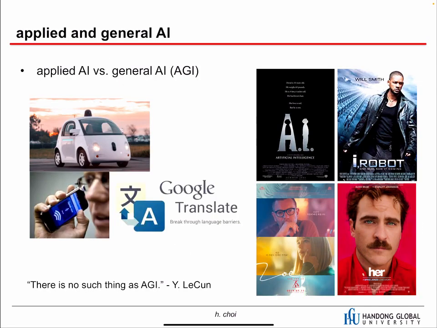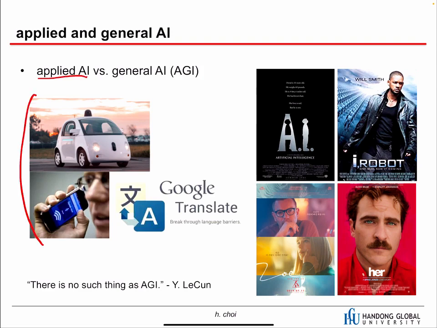In the previous slide, we talked about weak AI and strong AI. Now in this slide, we talk about applied AI and general AI. And in news articles, many times, they abuse these terminologies. So they use strong AI to indicate general AI. So there is no difference in news articles, but technically, applied AI is something like this.